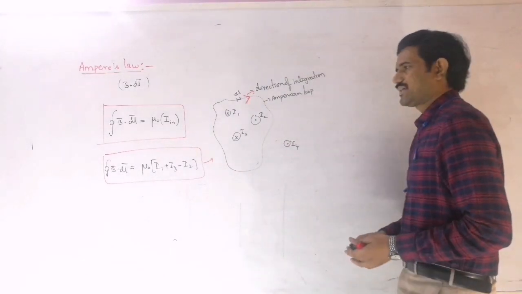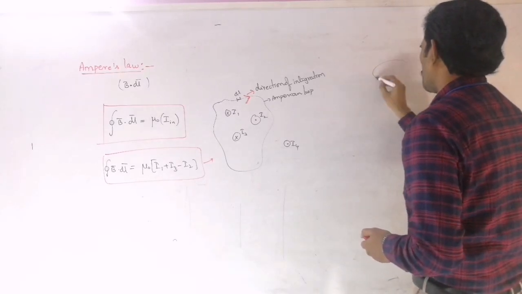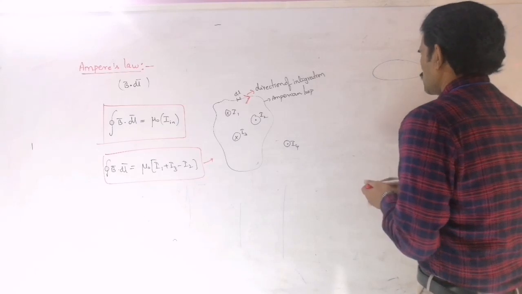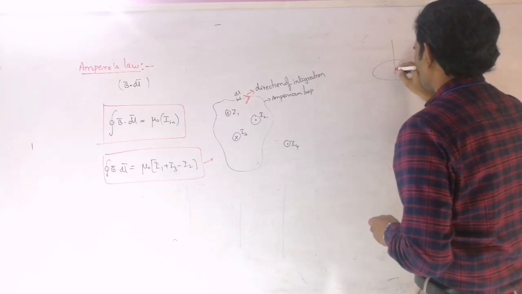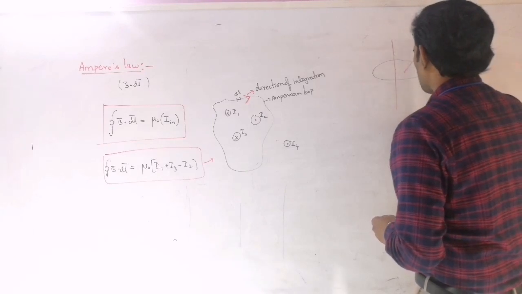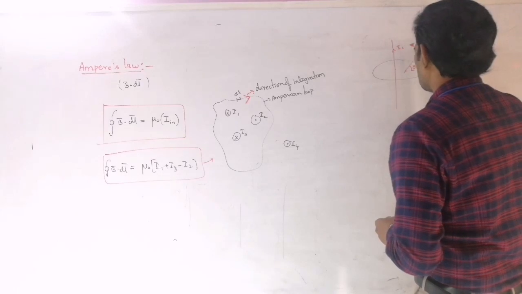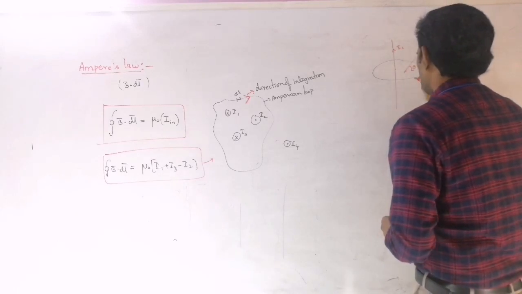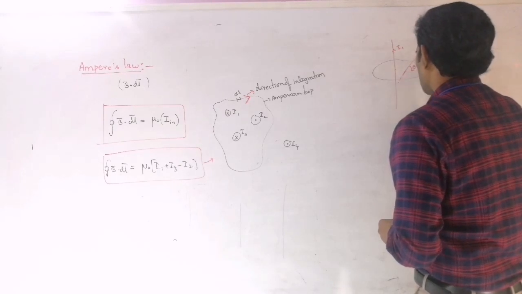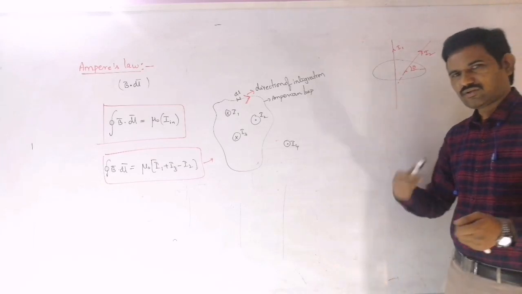And another thing you need to consider here is, sometimes to confuse you, they will give current carrying conductors that are not perpendicular to this plane. Suppose you are taking some Amperian loop like this, one conductor may be given perpendicular, while other currents may be given making some angle theta with this plane. So this is some I1 and this is some I2. That loop is the Amperian loop.